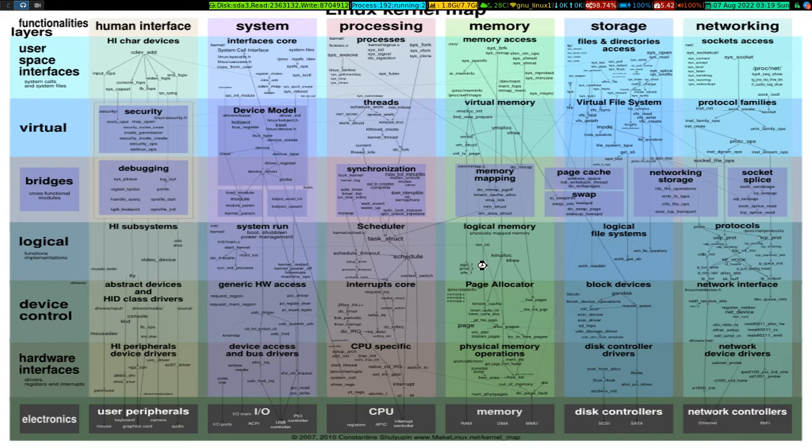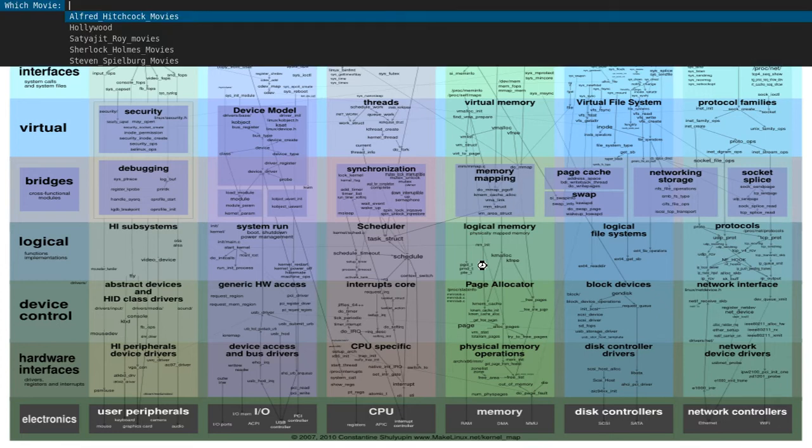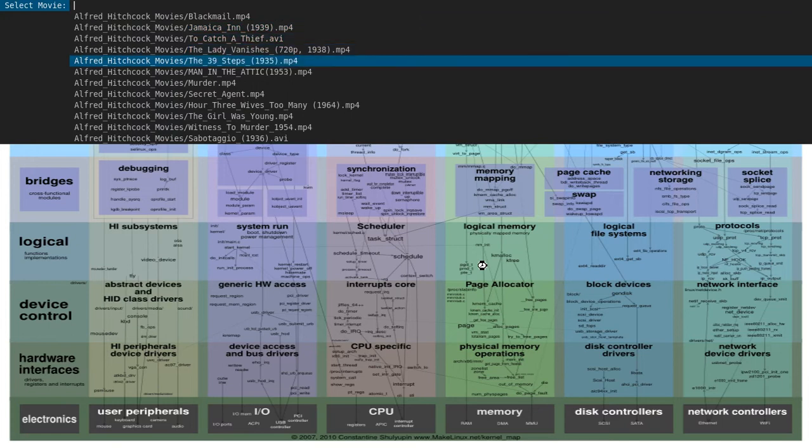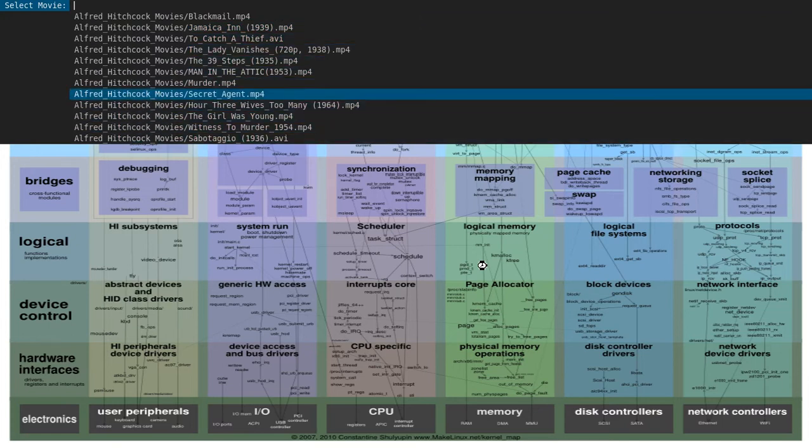Likewise, if I want to watch a movie, I have this dmenu script which will show me what different movie categories I have. If I select any of them, it will show me what movies I have.